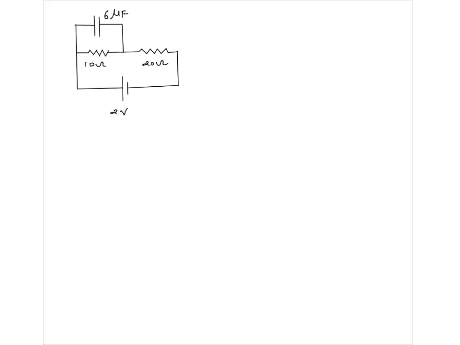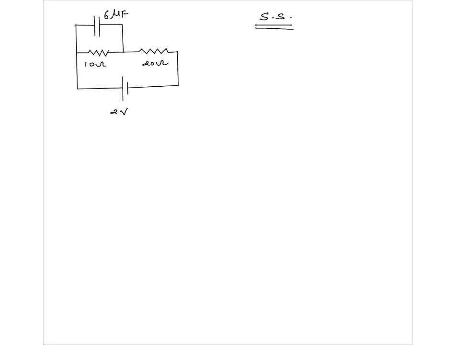Now this question says find the charge on the capacitor at steady state. Right, so this is about steady state analysis. And by the way, in the topic on capacitors, we were dealing with primarily steady state analysis.